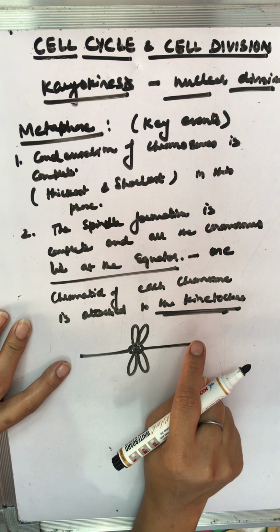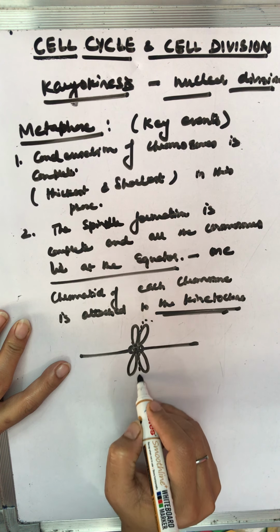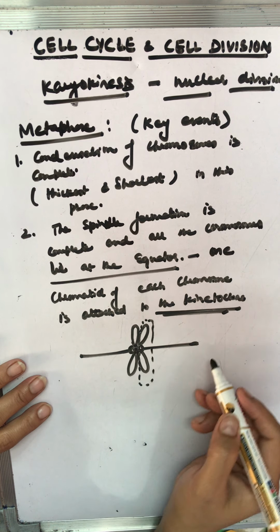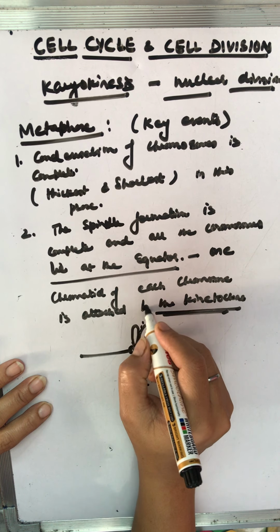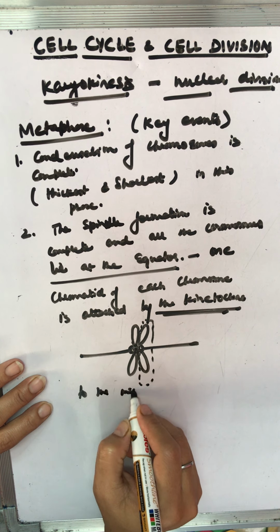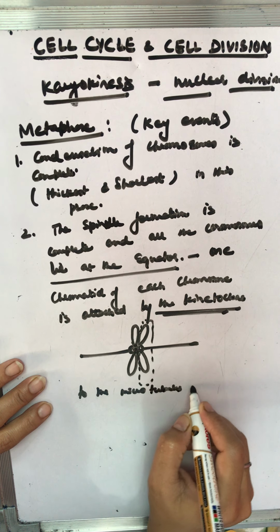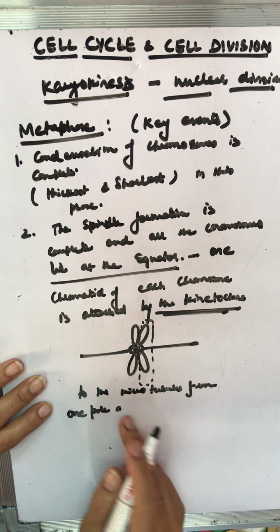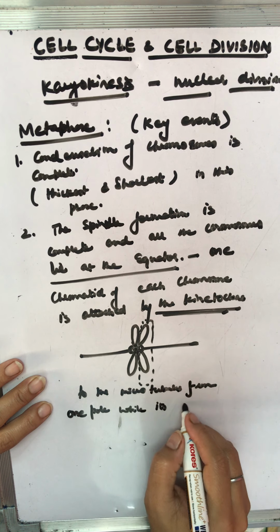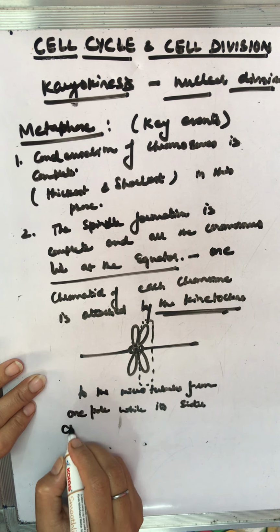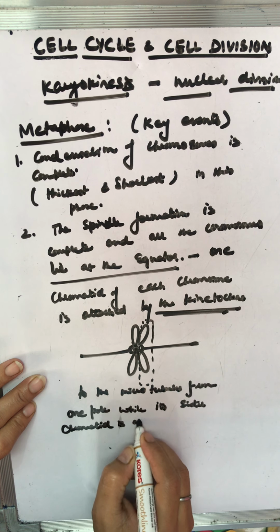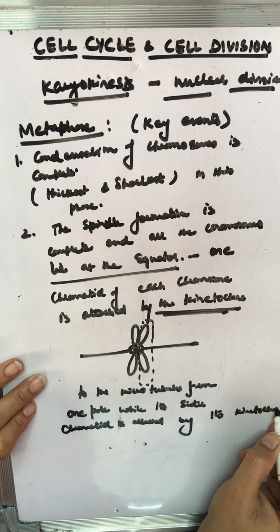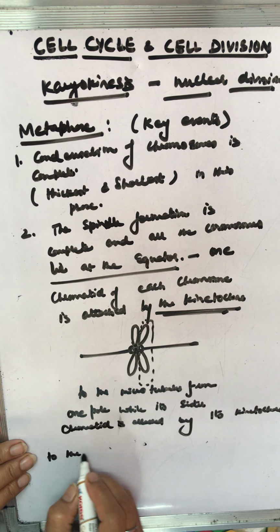So one chromatid of each chromosome will be attached by the kinetochore to the microtubules from one pole, while its sister chromatid is attached by its kinetochore to the microtubules of the opposite pole.